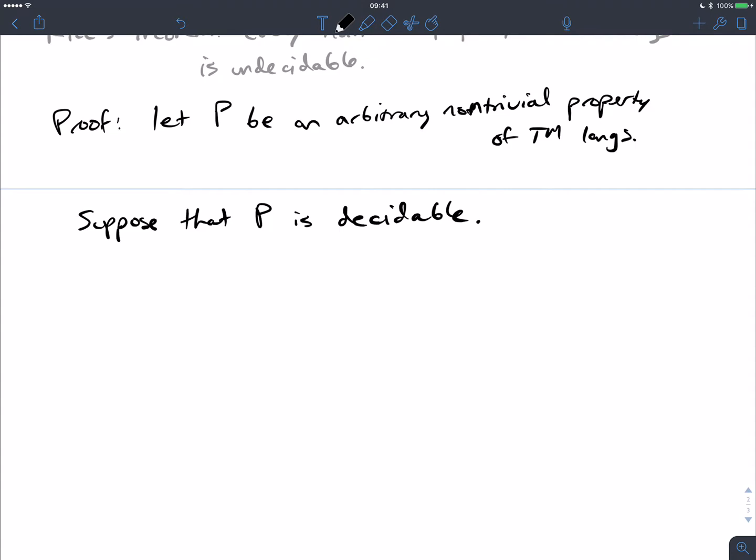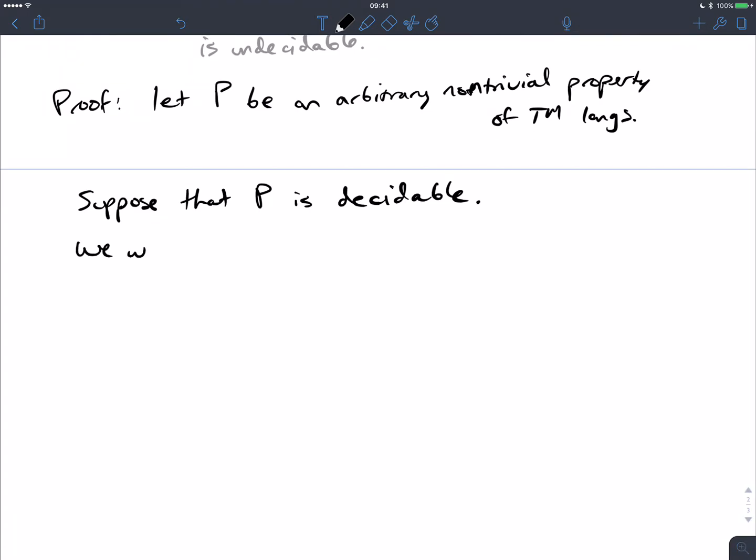So we have a couple of choices. We have ATM, ETM, EQTM, a lot of different possibilities we can choose. But I think the one that we started from was ATM. So why not just start with that one? So we will try to decide ATM as follows.